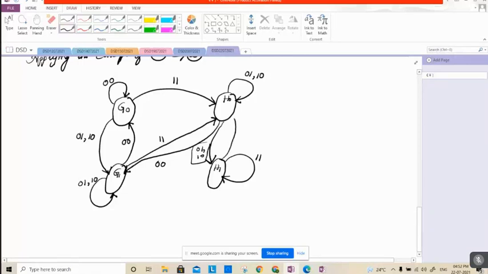And what about this? 1, 1. And do we have a line from H1 to G1? Right, H1 to G1. What about this? 0, 0. And do we have a line from H0 to G0?